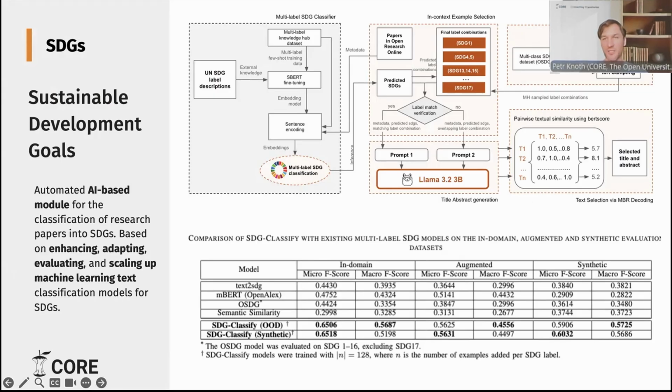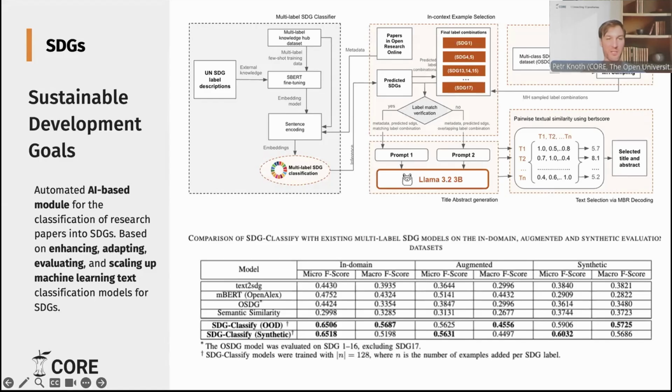These are effectively targets which the United Nations have set for governments and organizations, and some academic institutions take them very seriously. They want to understand how the work of their researchers is contributing towards those goals, which areas they are strong in and which areas they are less strong.